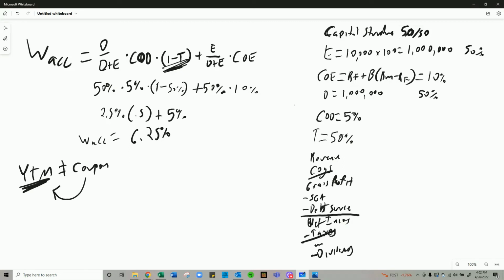And you can remember that by looking at where debt comes out on an income statement. It's before taxes, so that means it's cheaper, and you multiply it by 1 minus taxes.